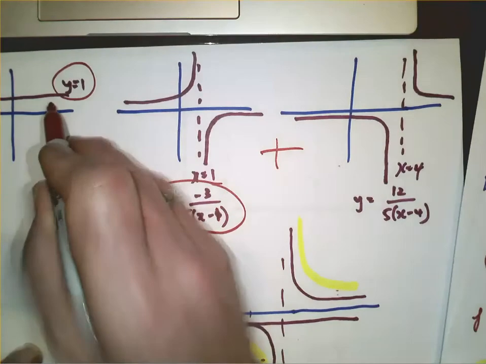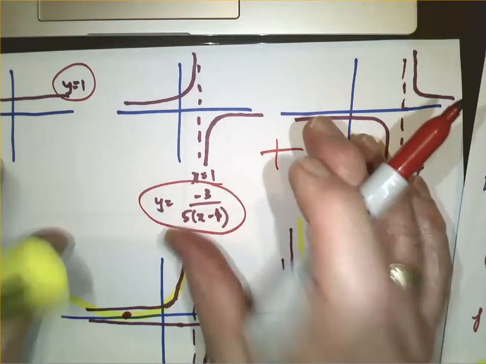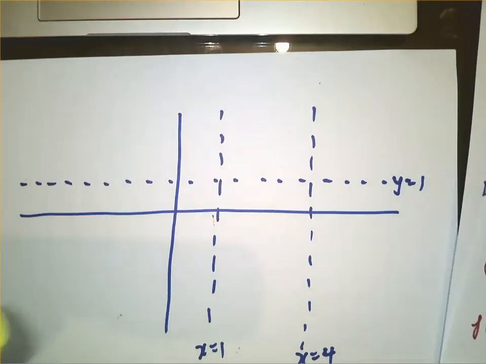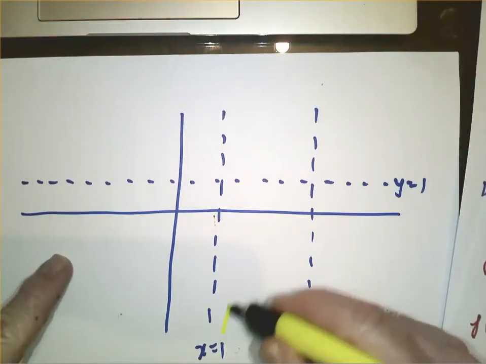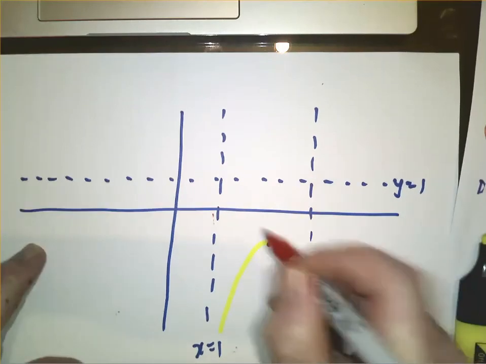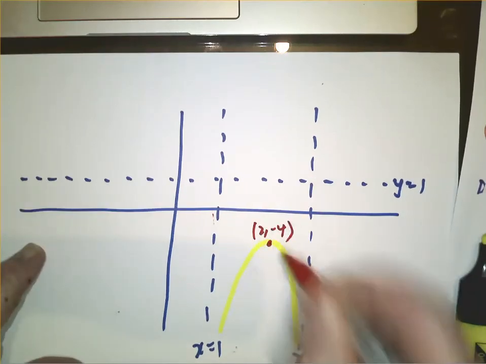So my final product moves everything up 1. So my final product is going to be a graph that will be down in there, and that point there I know is 2 and -4.